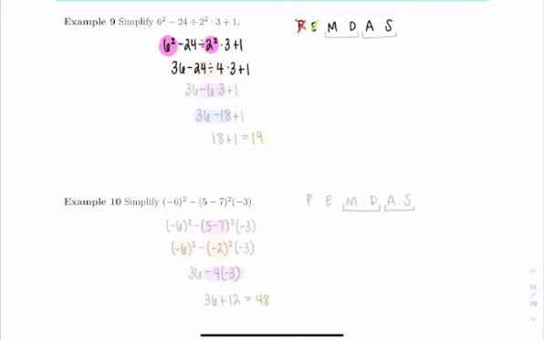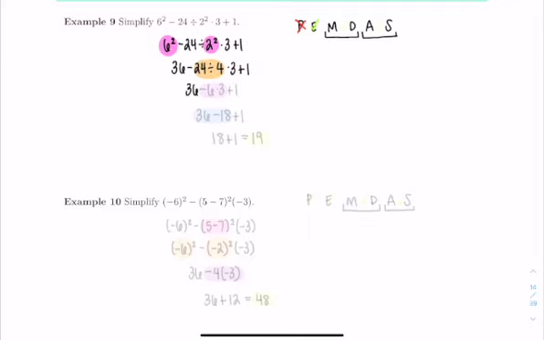The next is multiplication and division, and these get done on the same step. We just do them from left to right. So the first thing you want to do is you want to do the 24 divided by 4.